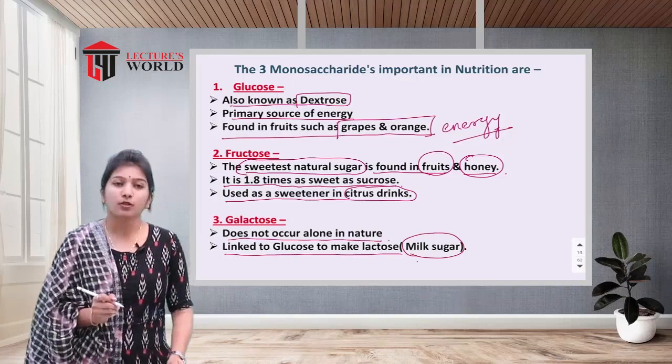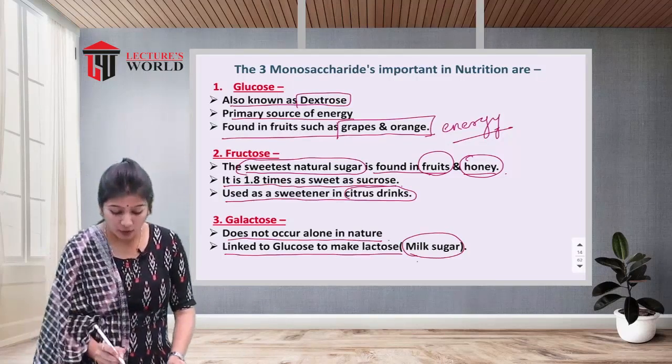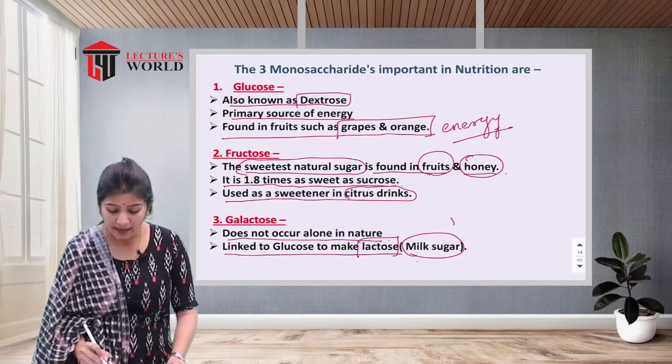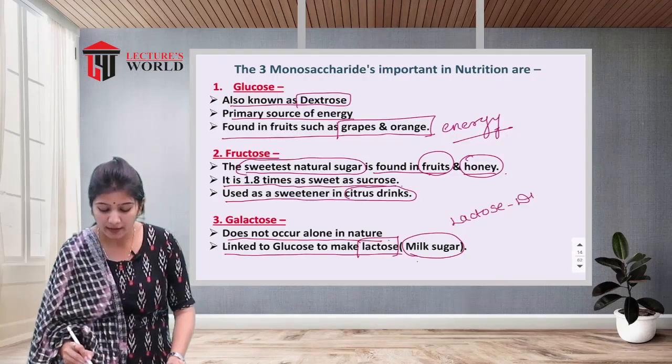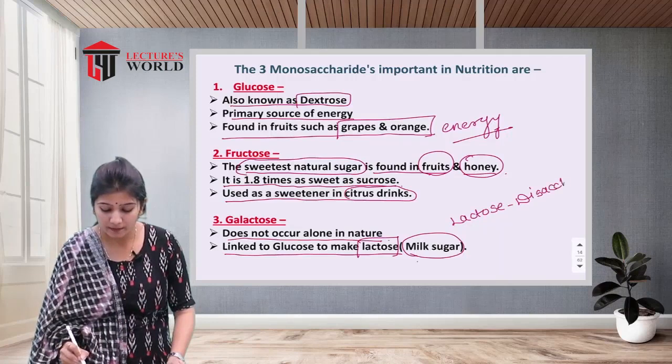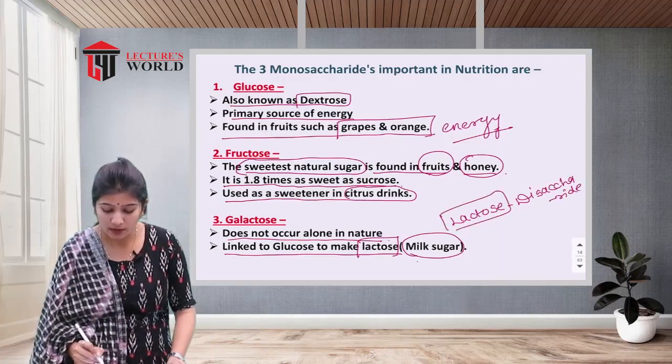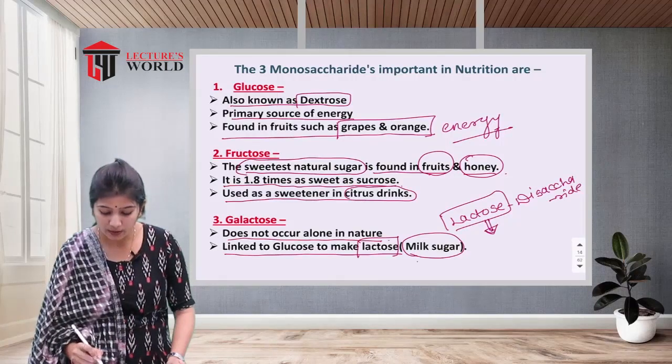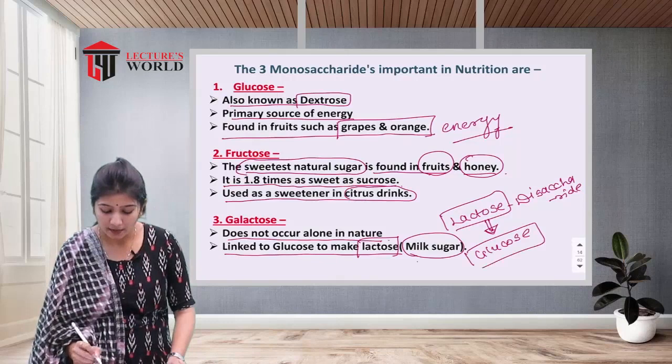So galactose and lactose. Lactose is also a type of disaccharide, and it is attached with glucose.